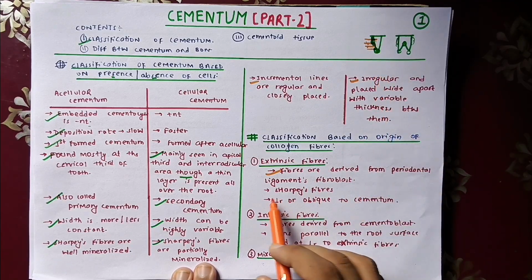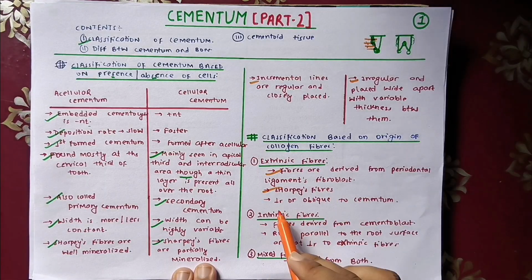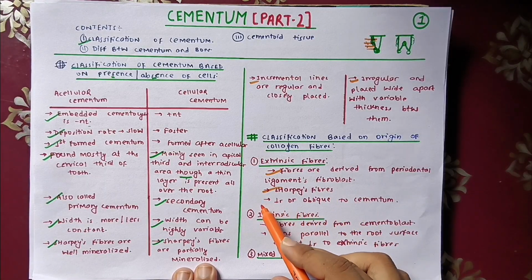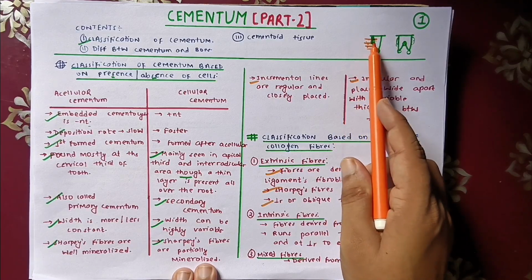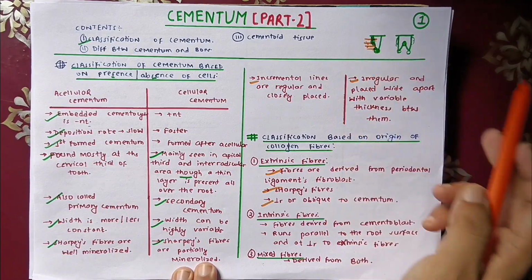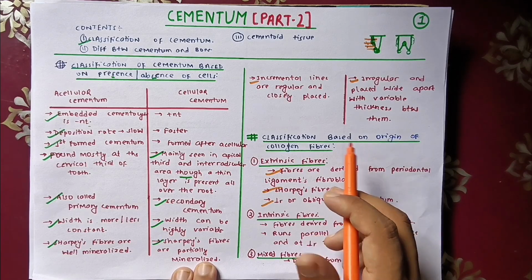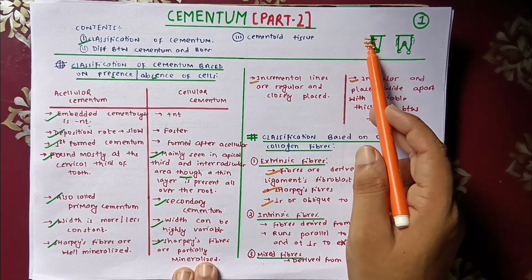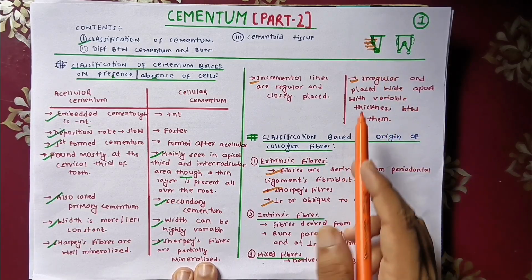It signifies that after that it is perpendicular or oblique to the cementum. Extrinsic fibers are perpendicular here. I have a picture too, I will show you that. They are perpendicular or oblique to the cementum.